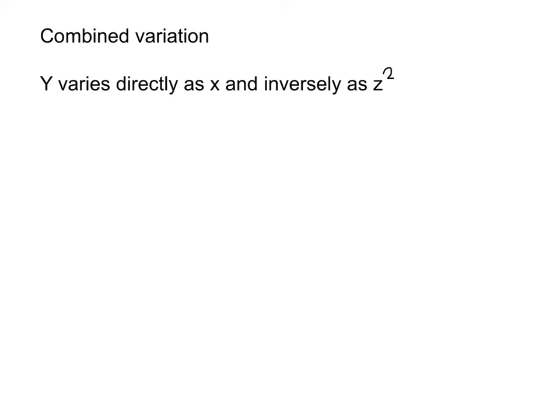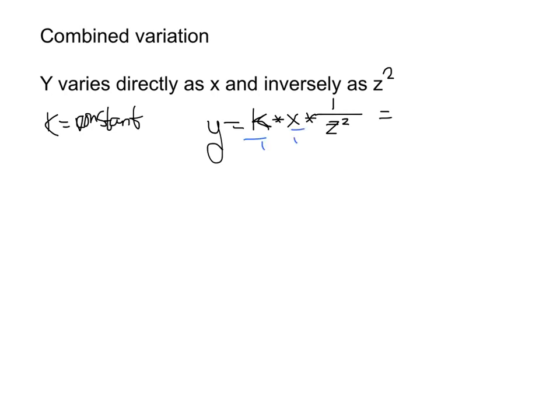So in this case, we're going to think of k as our variation constant, or our constant of proportionality. So y is equal to k, and if it's varying directly as x, that means we're going to multiply it by x, and inversely as z squared. So that's like multiplying by 1 over z squared, which if you think of these as being fractions as over 1, remember when we multiply straight across. So we would have kx over z squared. That is what y is equal to.